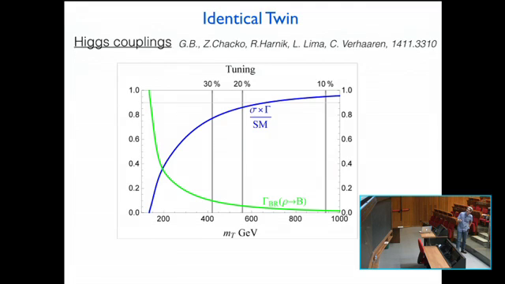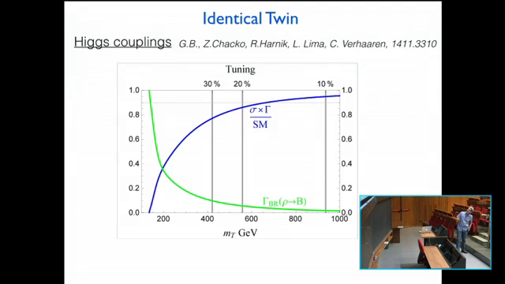So essentially, if you just look at the current bound from the invisible width, you probably are around this area over here, which still leaves you with a tuning which is not too bad. It's 30% tuning for this theory.